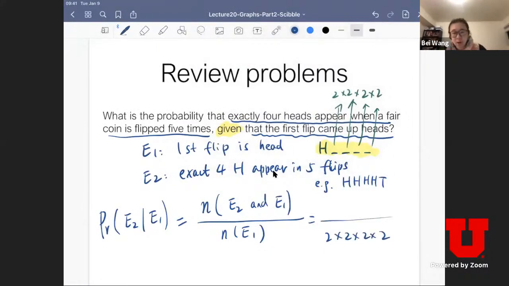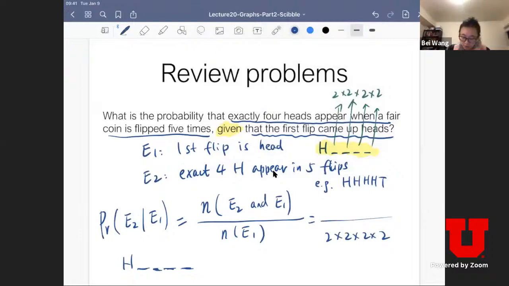So what's on top? The top is both E1 and E2 happening. If both of them are happening, the first flip is a head and exactly 4 heads appear. If the first one is head, I have the remaining 4 locations, but in total I have 4 heads, which means among the remaining 4 open slots, 3 of them will be head.